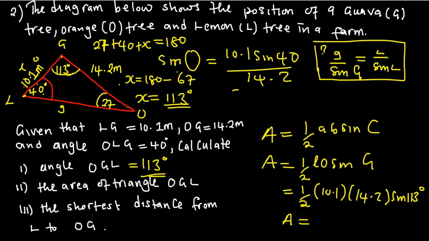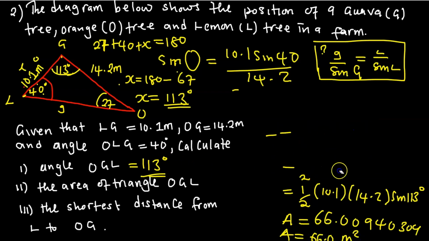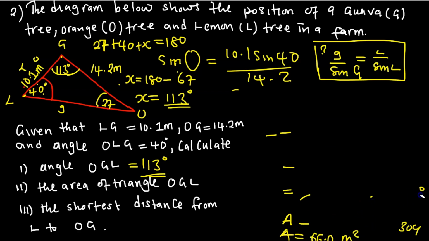What I'm finding is 66.00940304, which is the area is equals to 66.0, in meter, so meter square. So that is how you simplify the area. Okay, then now let us go to the last part, which is the shortest distance.